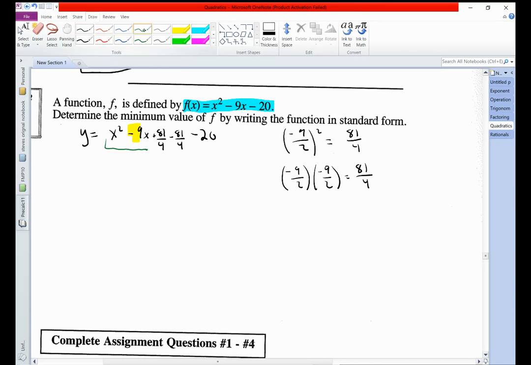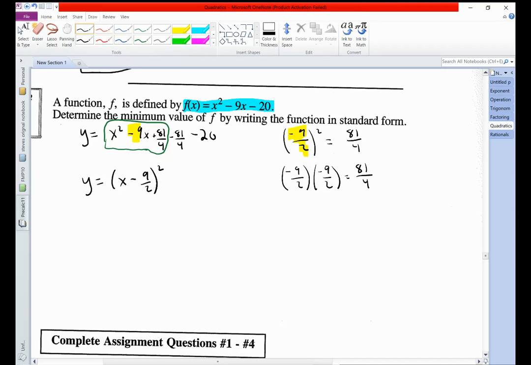And now, here, we have a perfect square trinomial. We did that on purpose. So we can say y is going to be equal to x minus 9 over 2 squared. That 9 over 2 comes from here. Yay!